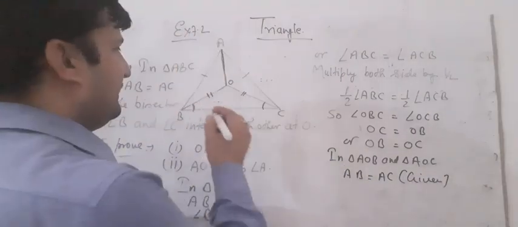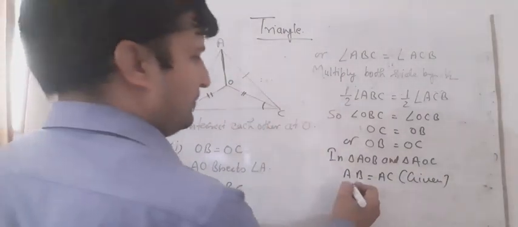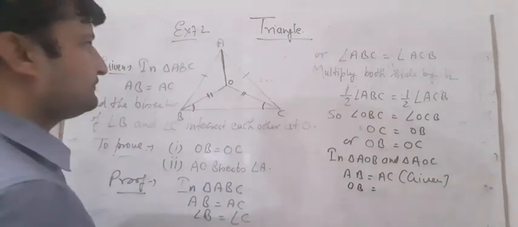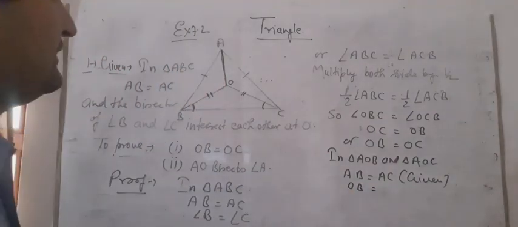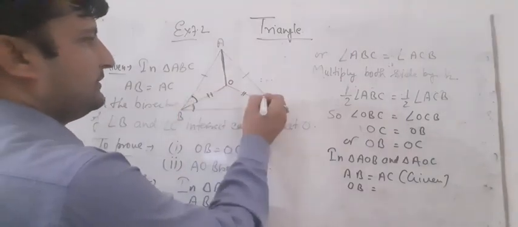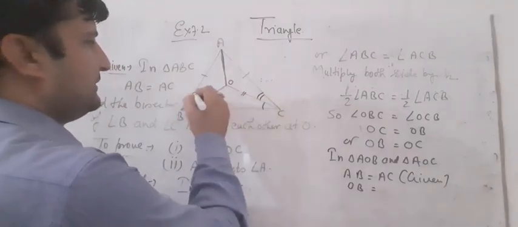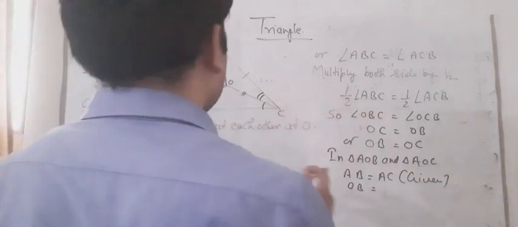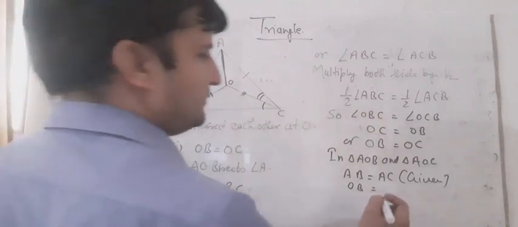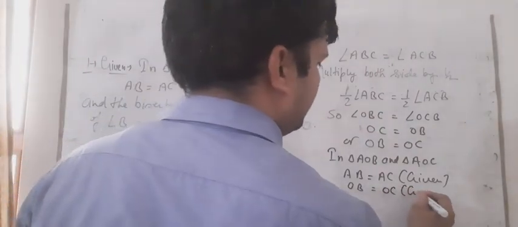Given, and OB, students, OB is equal to OC. This will also be equal. It means it is the bisector. It means this angle is also equal. So we can say that OB is equal to OC.